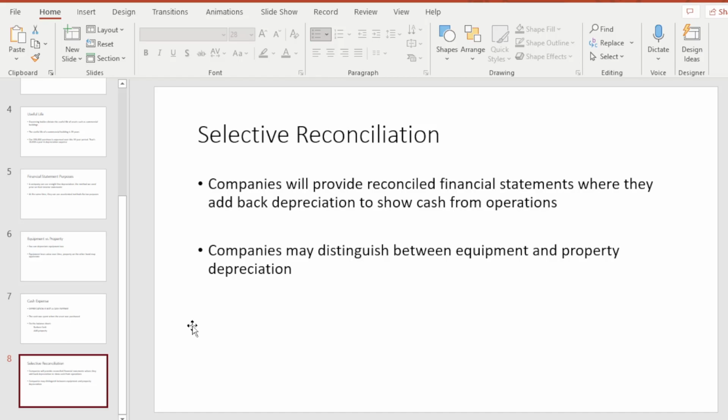But we have to be very selective about this because, like I said, equipment and property depreciation are treated very differently. So equipment depreciation, let's just think about, for example, you bought a tractor, okay? Now that tractor, maybe it has a useful life of 20 years.